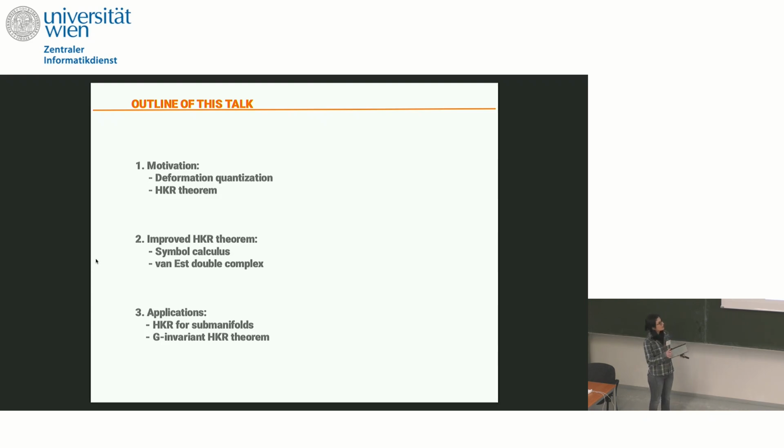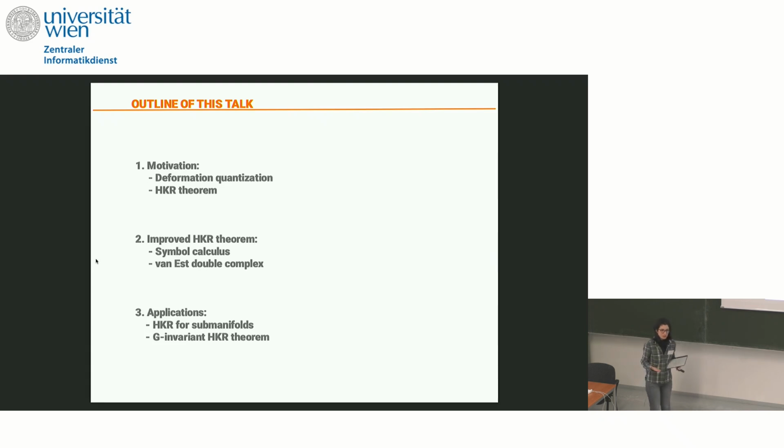So the second section is the main section of my talk. And as I said, I'll try to really dig into the proof. So I will essentially introduce a couple of techniques, symbol calculus and the double complex.